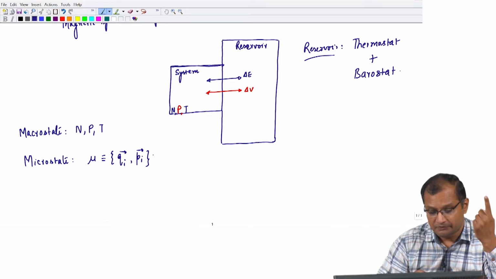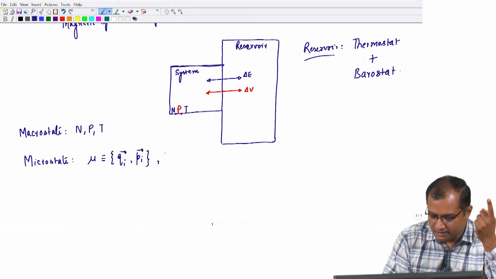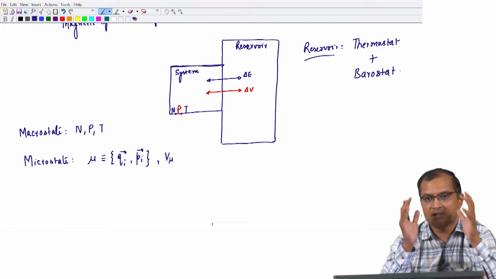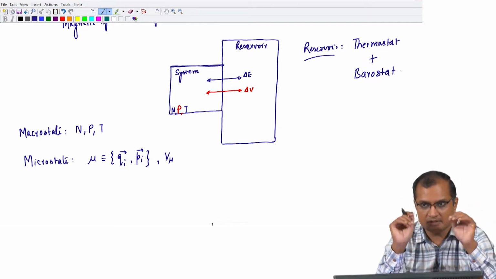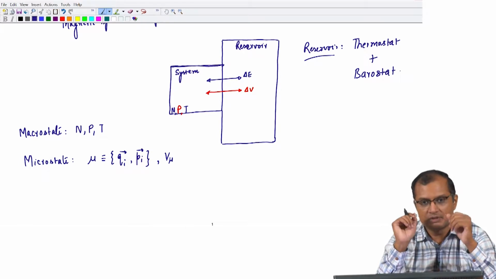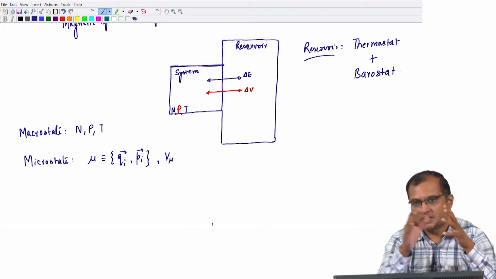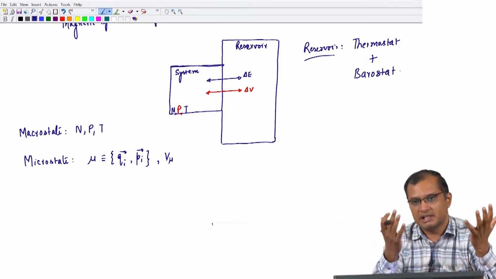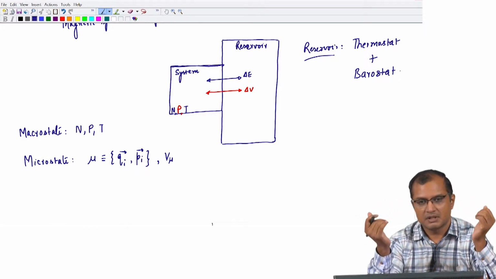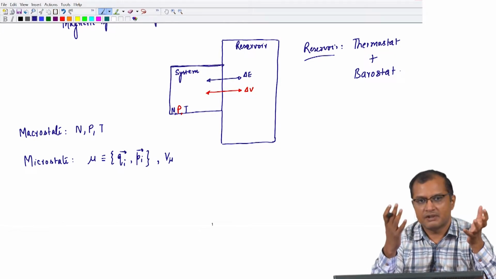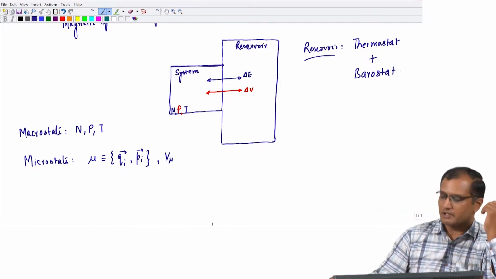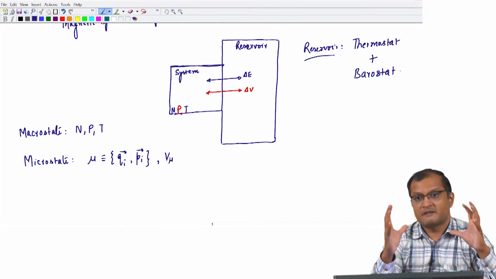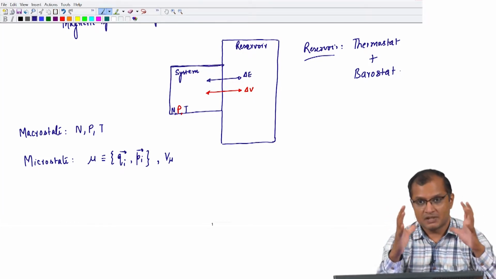But now this is also specified together with the volume of the microstate, because at any instant if you come back to the system and observe it, you will see that positions are free to take any values in the box, which is the system, and the momentum is free to take any values between 0 to infinity. But now you have to also specify the volume of the box, because that is fluctuating.